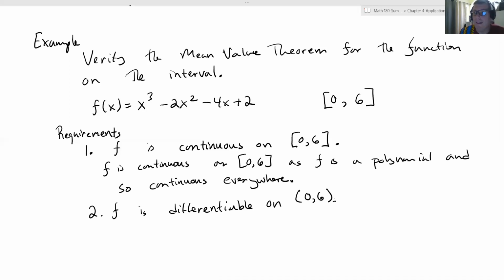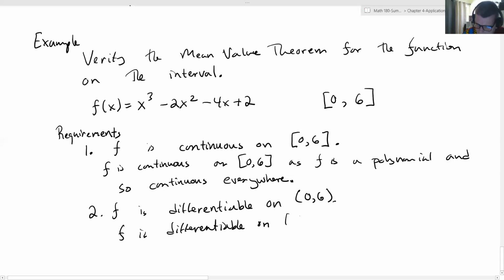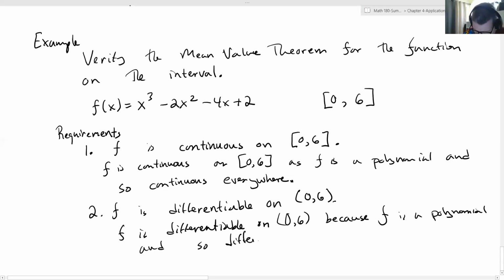Yes, it totally is, for the same reason: f is a polynomial, and so differentiable everywhere. Great. So we know both of those things.